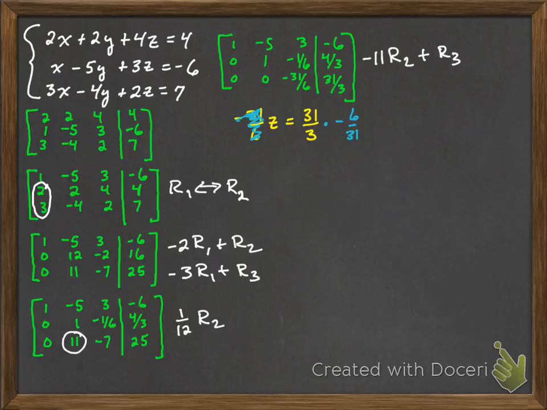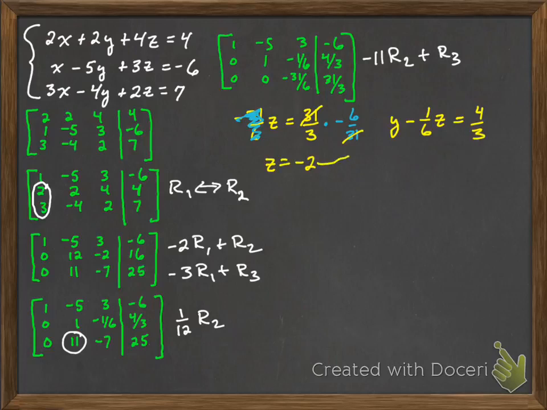That will cancel this out, giving us z equals, now the 31s will cancel out. That's going to give you negative 6 over 3, which is negative 2.